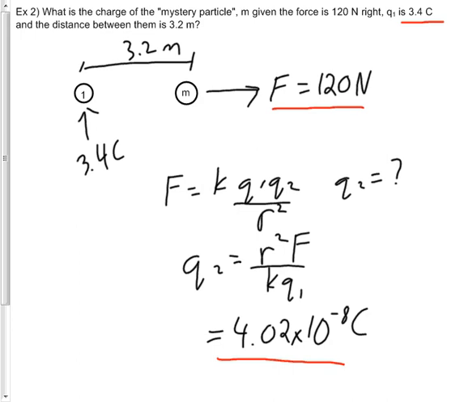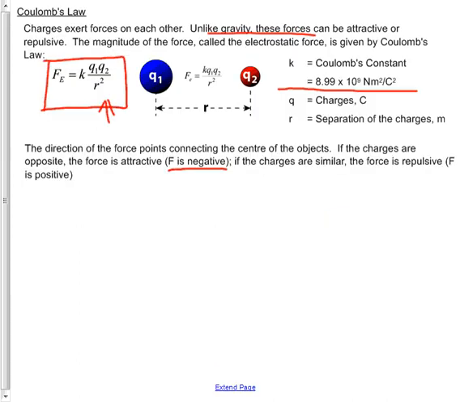How would we have to change this question, though, if this were an attractive force? So notice the magnitude of the force, this F here, is all that we can get from this equation. So we'd have to be concerned with attractive versus repulsive, because by convention, if the force is repulsive, we're going to be using F is positive.